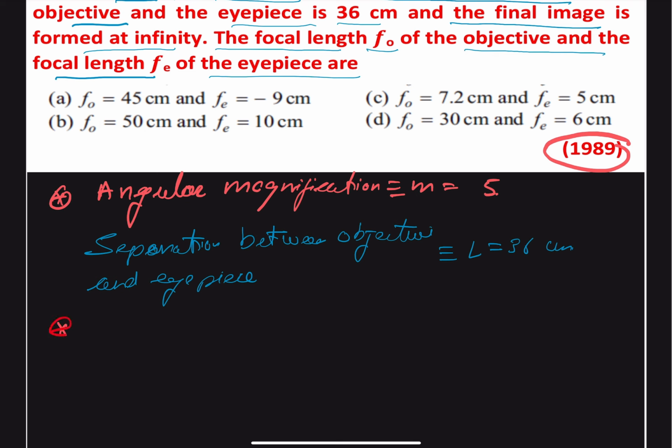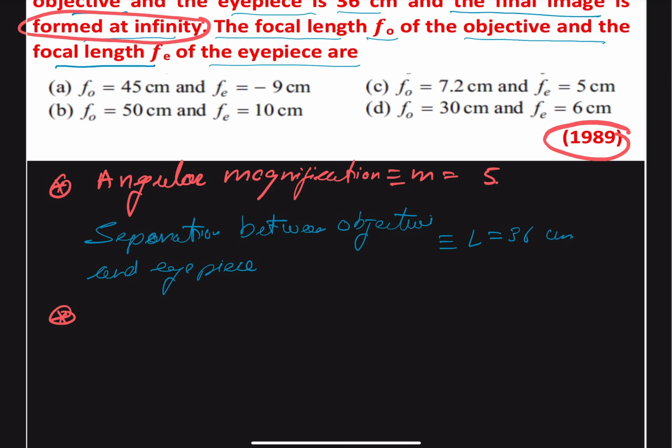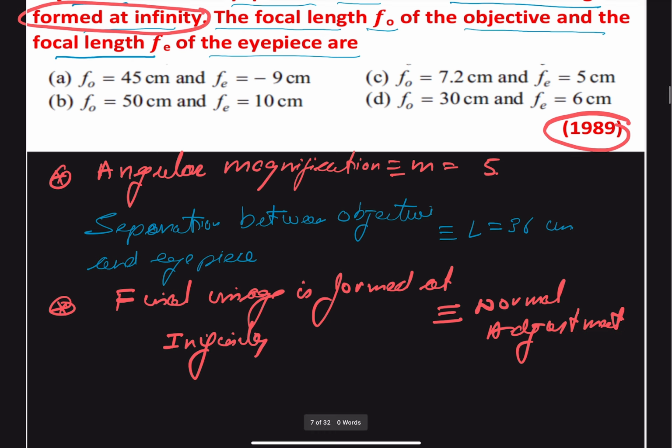The final image is formed at infinity, which basically means normal adjustment.